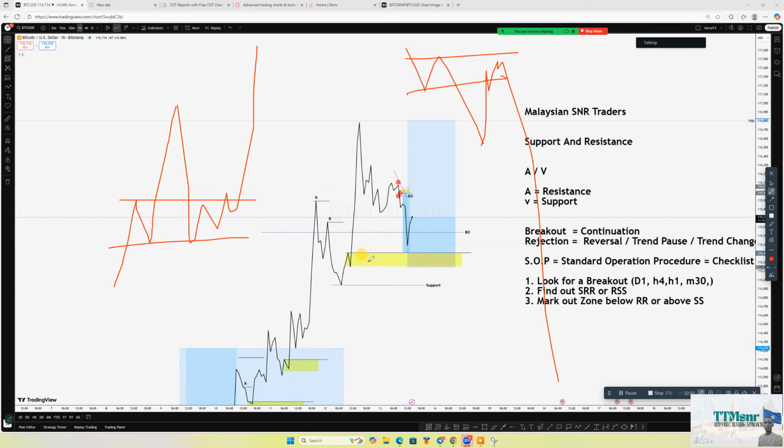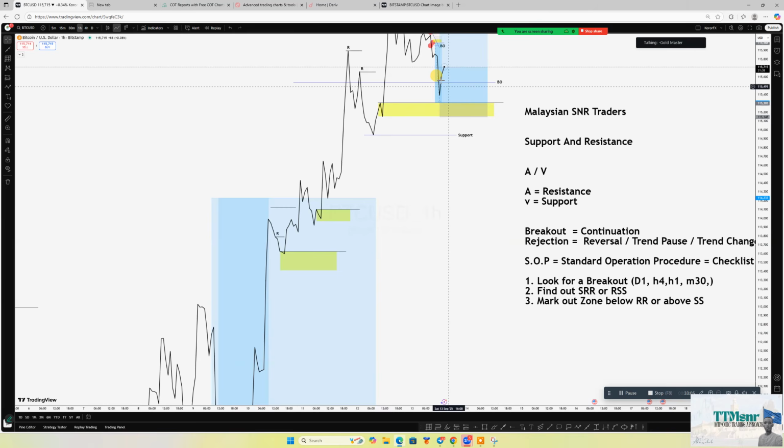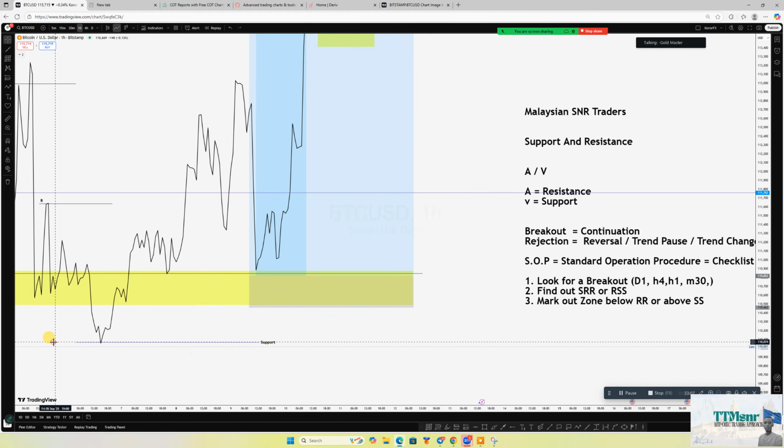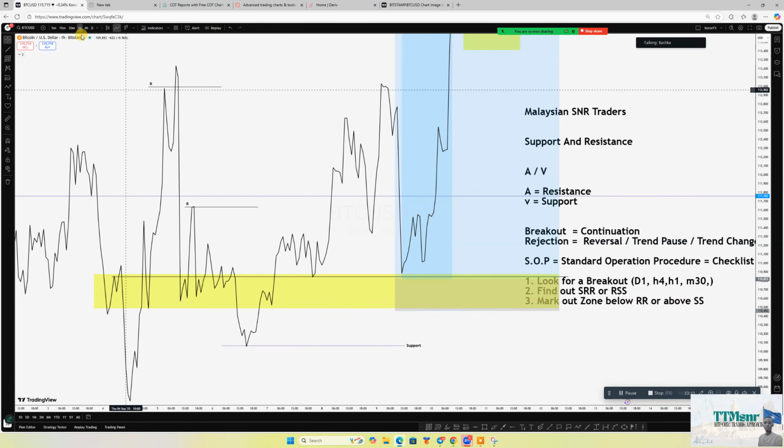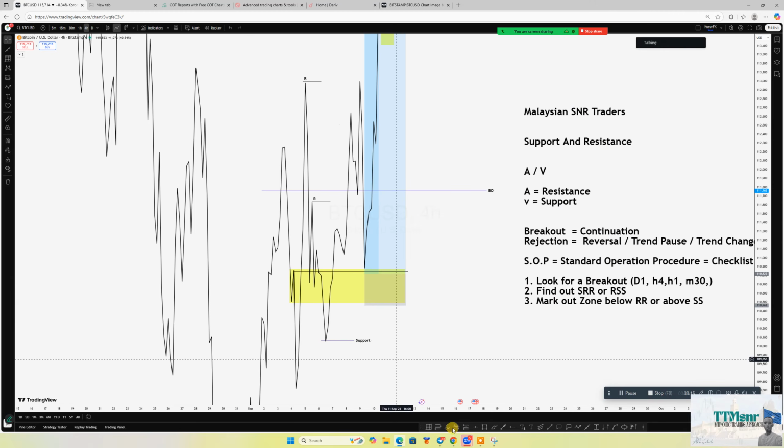Your zone, all right? It's very clear. If you really got this one, I'm sure you will not miss any setups. This is a high time frame setup. Look, the zone is here. Very clear. Yeah, this makes sense.